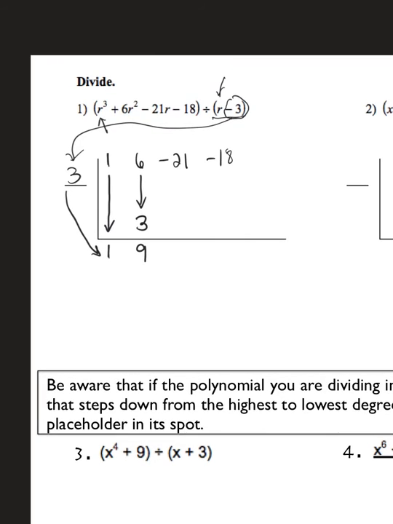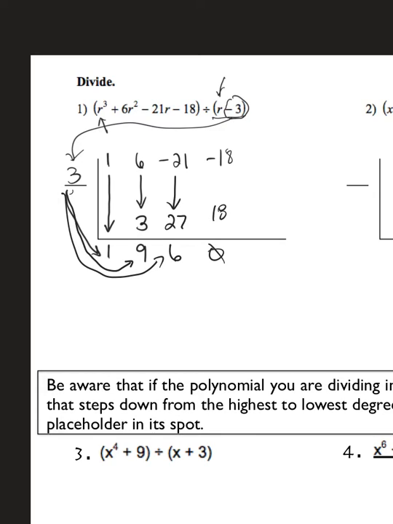Then I do the same thing again. I multiply 3 by 9, which is 27. Combine that with -21 and I get 6. Then I multiply 3 times 6, that gives me 18. Then I combine these last two, and it's 0.